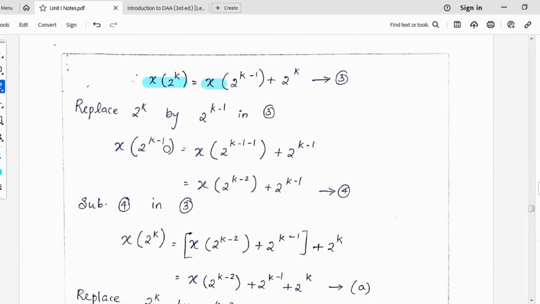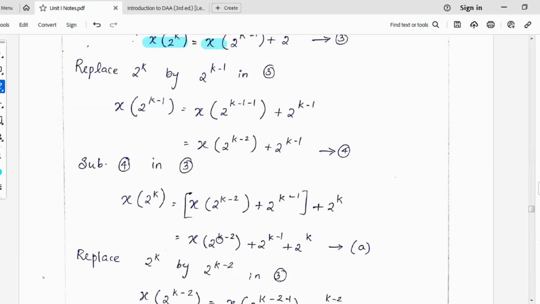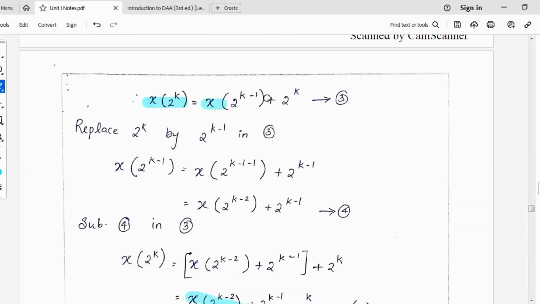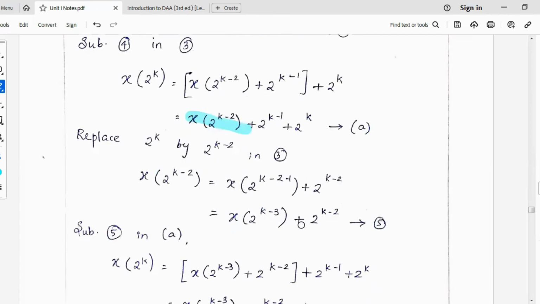I'm going to apply the value of x of 2 power k minus 1 in the previous equation, so that I'm getting x of 2 power k minus 2 plus 2 power k minus 1 plus 2 power k. Okay. So now again I'm going to find what is x of 2 power k minus 2. So I replace 2 power k by 2 power k minus 2 in the first equation here, right? So I'm getting x of 2 power k minus 3 plus 2 power k minus 2.